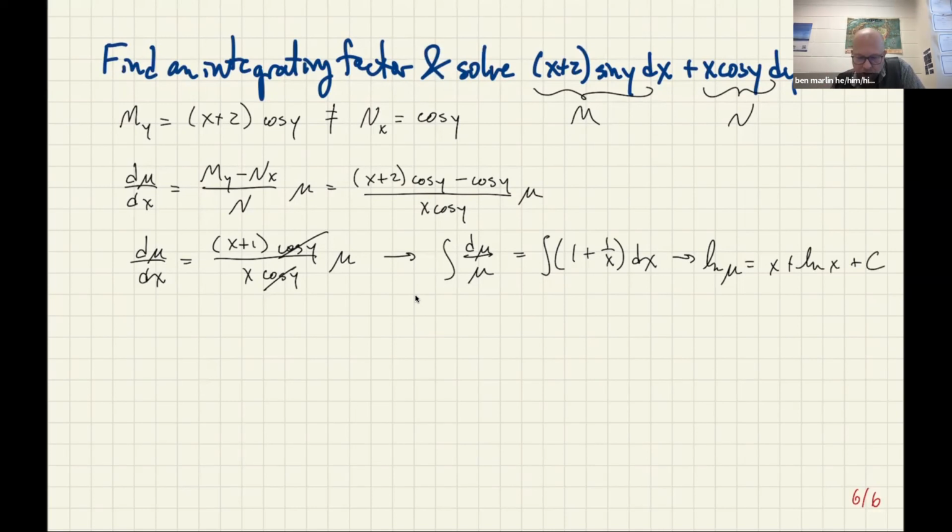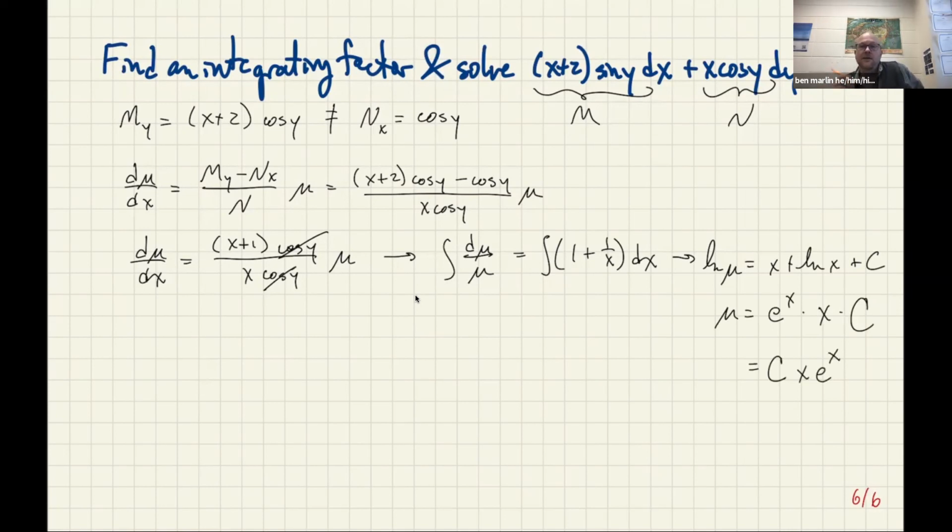And then we're going to exponentiate and get mu equals e to the x times e to the c, or as I am wont to do, just c with a different font. So c x e to the x.